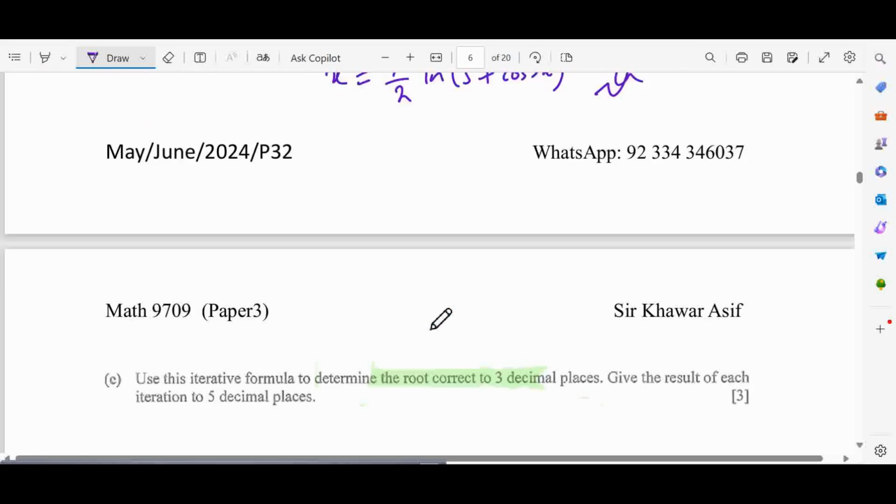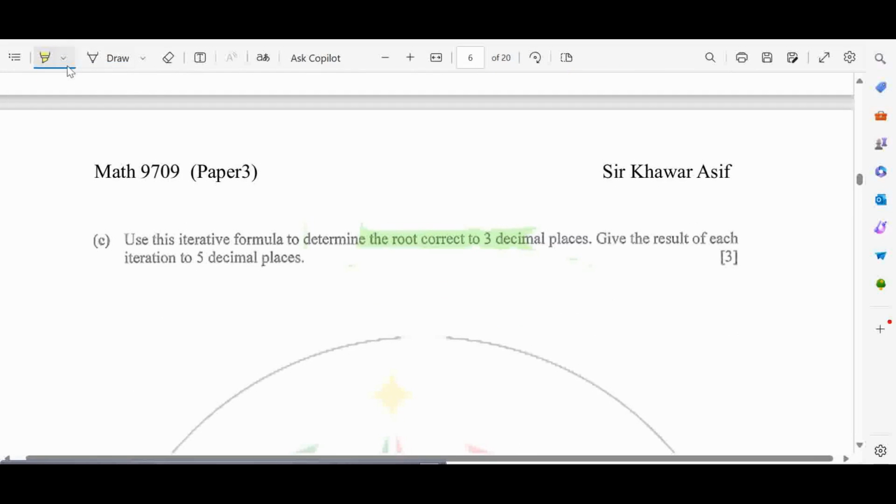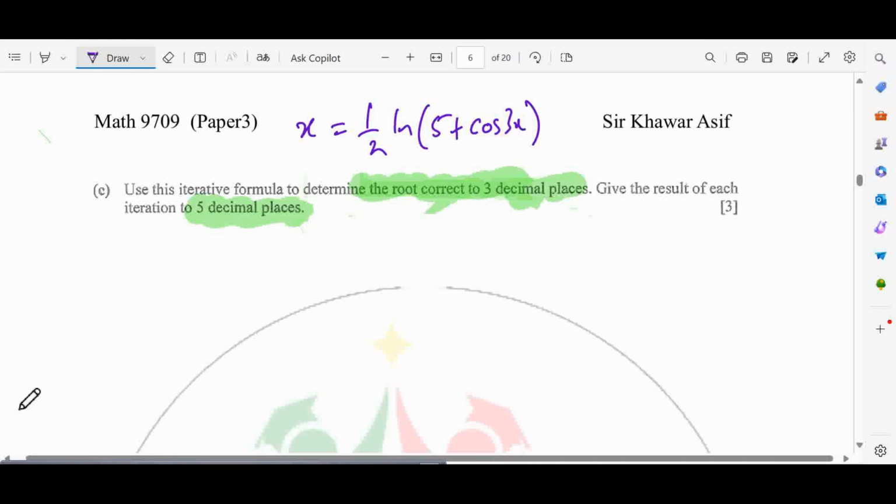Let's move to the next one. Use this iterative formula and correct to 3 decimal places. Keep this in mind, and the other thing is to give the result of each iteration to 5 decimal places. We know the iterative formula was x is equal to 1 by 2 natural log of 5 plus cos of 3x. Now let's find x1.